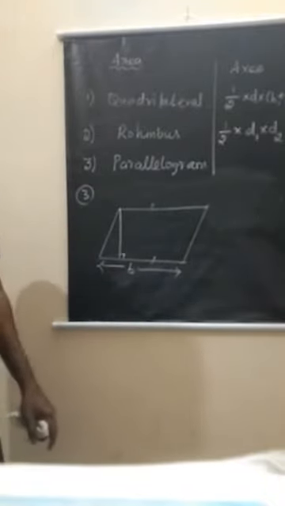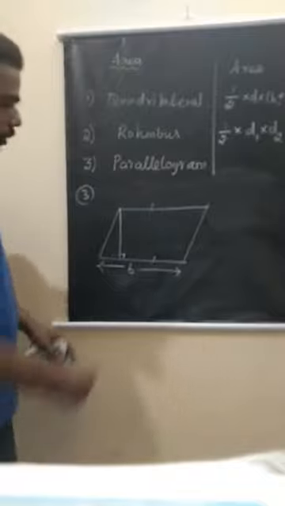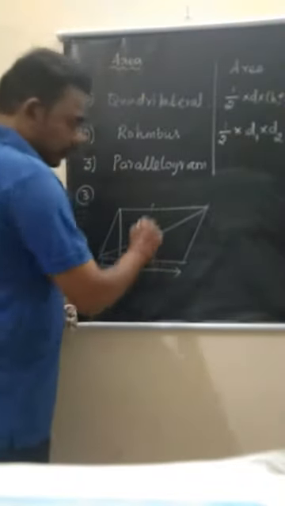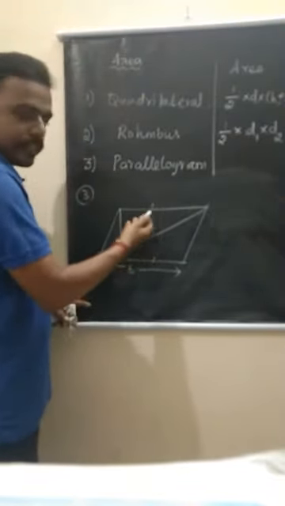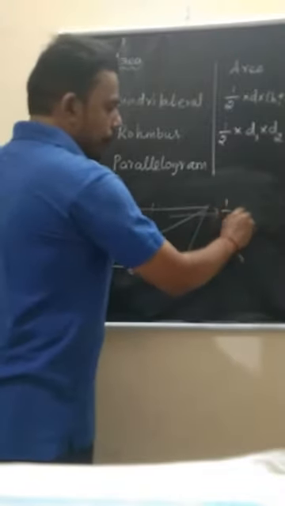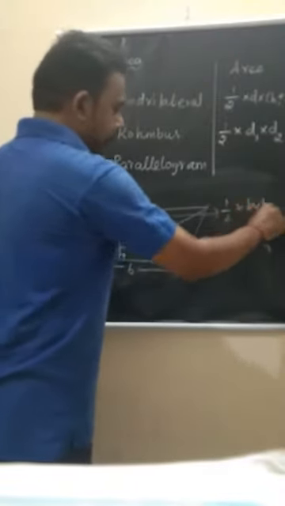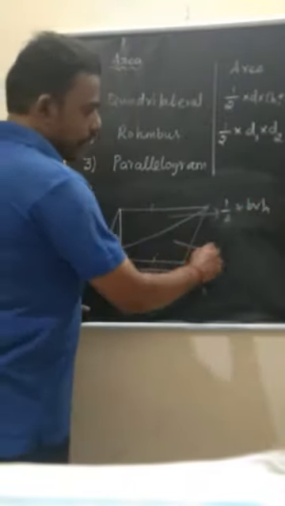Now the area of the parallelogram we can find easily without using the diagonal form, because we know the area of a parallelogram is the area of two triangles. Both triangles are equal, so half BH plus half BH. If you use the diagonal, these two are the same size. This one is half BH, and the area of this triangle is also half into BH.